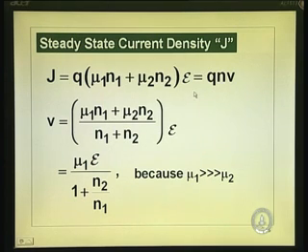So q gets cancelled, and I get velocity equal to (mu1 n1 plus mu2 n2) into E, divided by n. The electric field is there, and n is n1 plus n2.